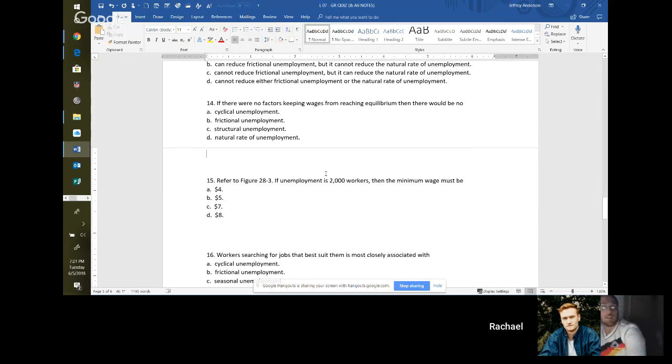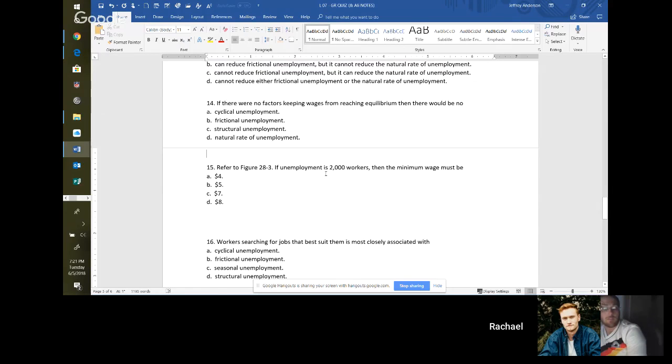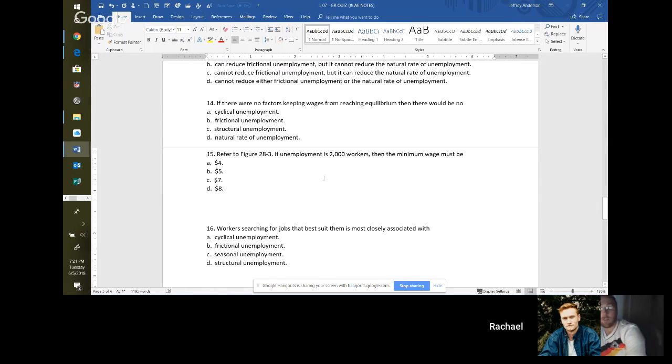Okay, so structural unemployment occurs when wages are kept above equilibrium. So if there was nothing keeping the wages from reaching the equilibrium, then there wouldn't be structural unemployment because it would always be at the equilibrium. Yeah, structural unemployment. At least that would be my guess. That's the best guess. That is me too.